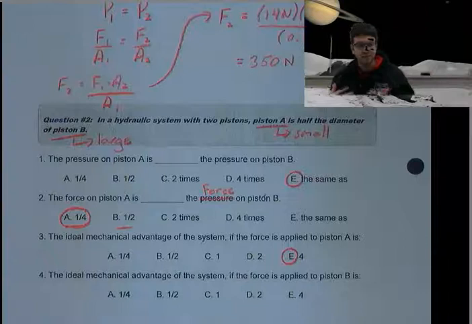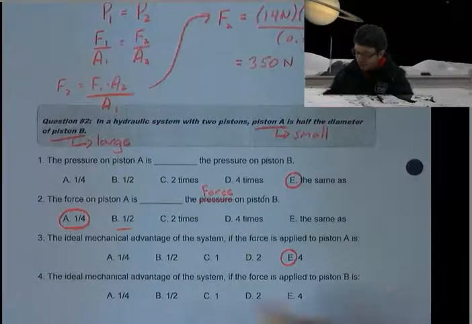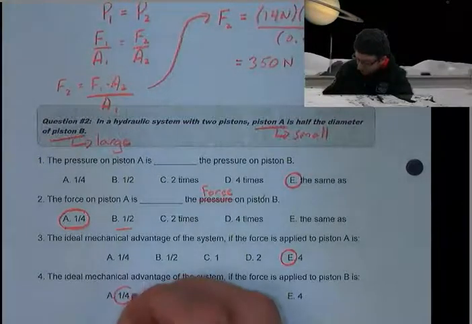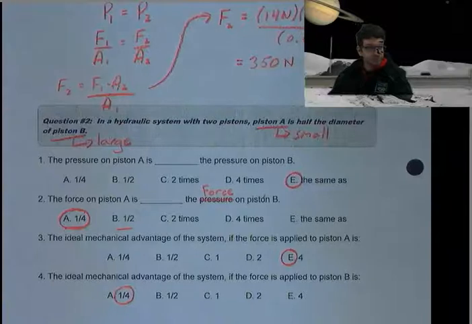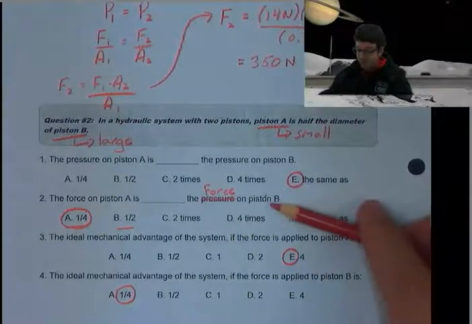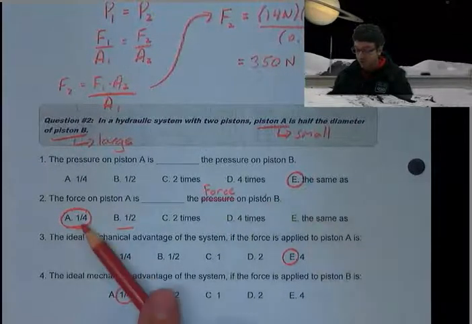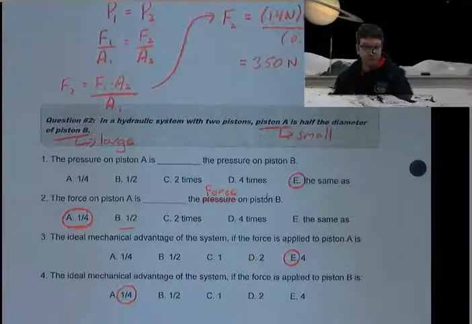So that's a mechanical advantage less than 1. And in this case, it's 1/4. Okay, for the same reason as question number 2, you get 1/4 the force that you applied to piston B coming out of piston A.